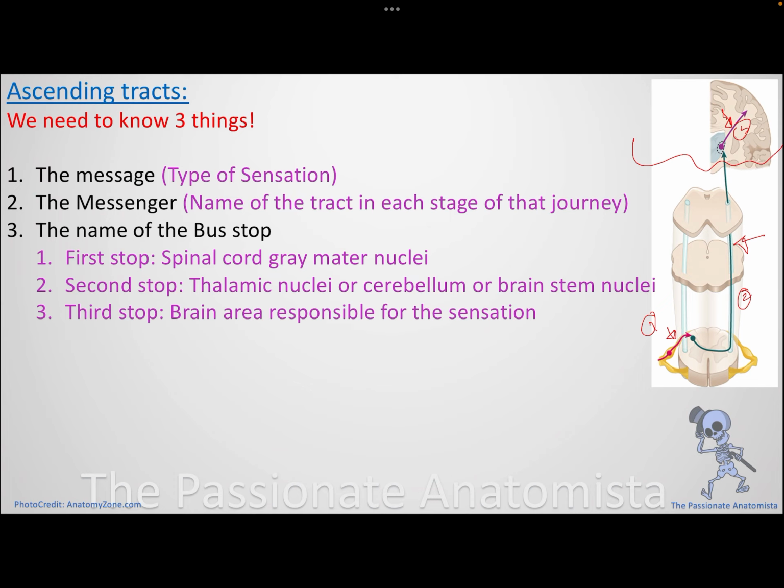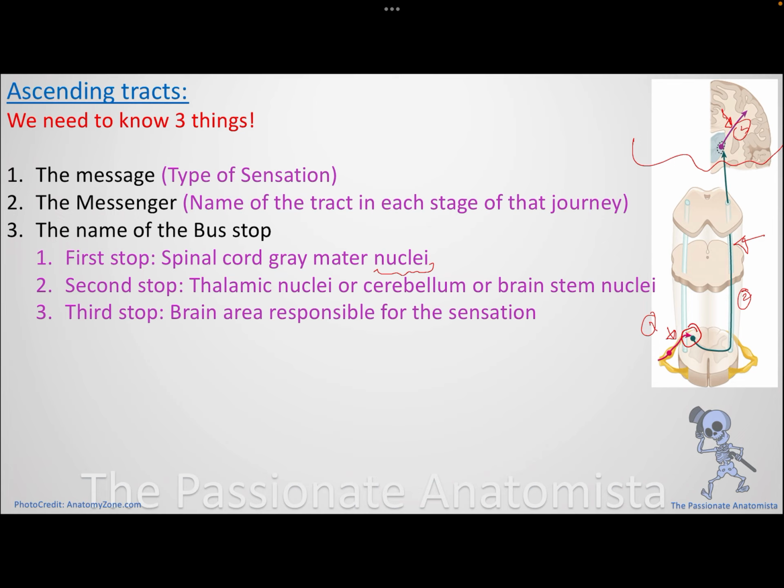All right. And now the last thing you need to know is your bus stop in this information. Of course, what is the name of the nuclei in the gray horn? Okay, because at that point you're going to stop, right? You need to know the name of the nuclei. The second stop is going to be in the thalamus, right?